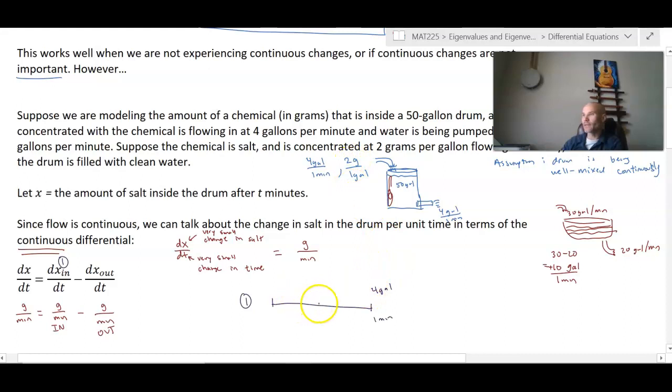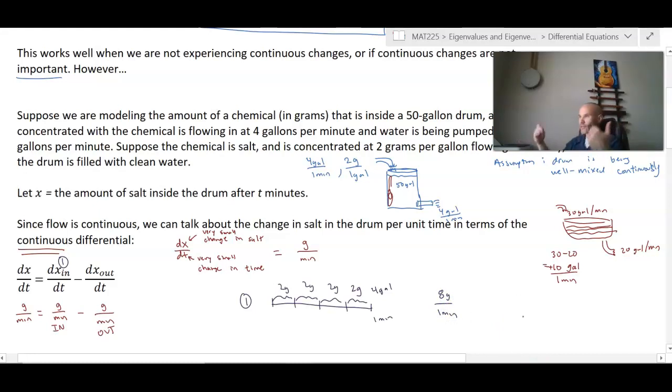So break this up into 1 gallon increments. Every one of these gallons is going to get 2 grams of salt, because that's what concentration means. This is a concentration, and that's how much mass per unit of volume. So each of those 4 gallons is going to get 2 grams of salt. Well, that means it's going to be 8 grams of salt per 1 minute.